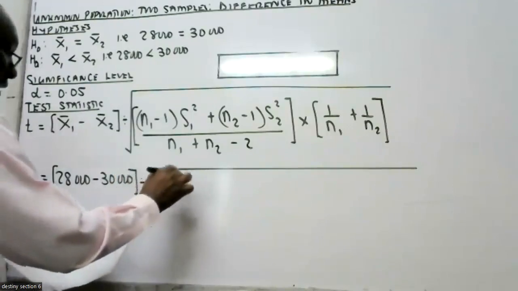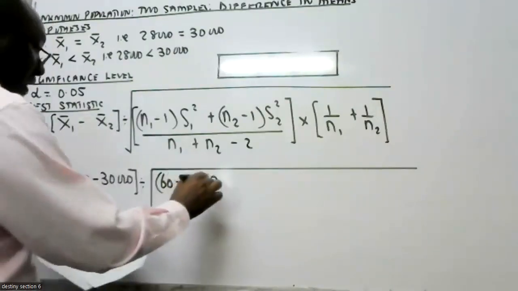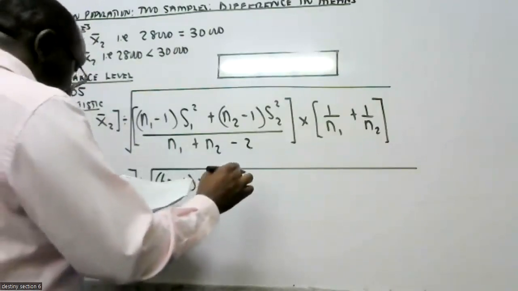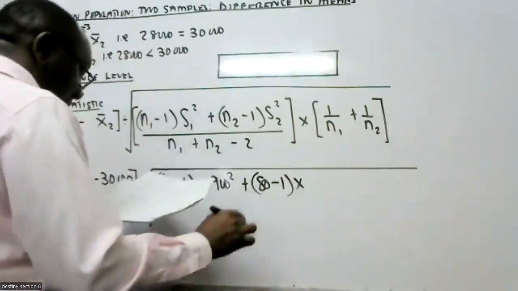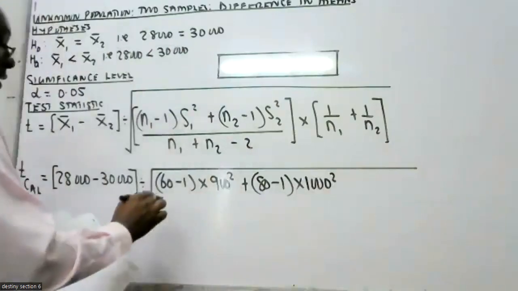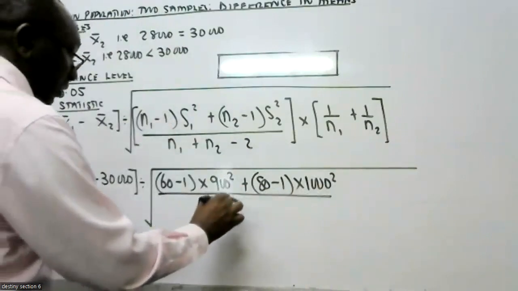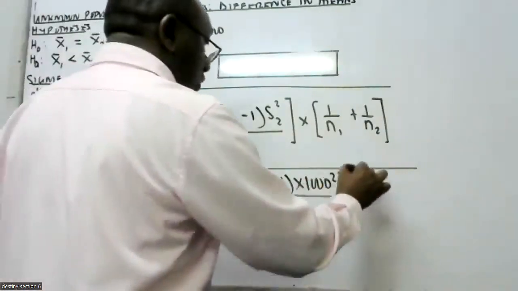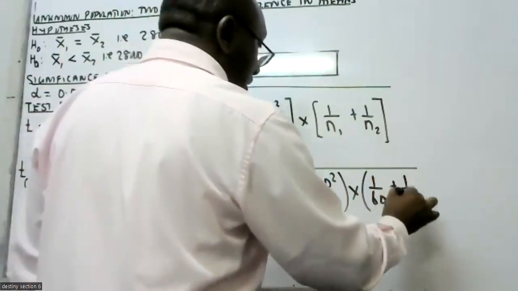So it is 60 minus 1, multiplied by the standard deviation, which there is 900, squared. Plus for the other sample we took 80. So 80 minus 1, multiplied by the standard deviation 1000 squared. Now the whole of this, we divide by 60 plus 80 minus 2. Then you multiply by 1 out of 60 plus 1 out of 80.